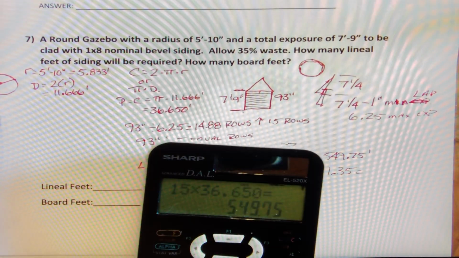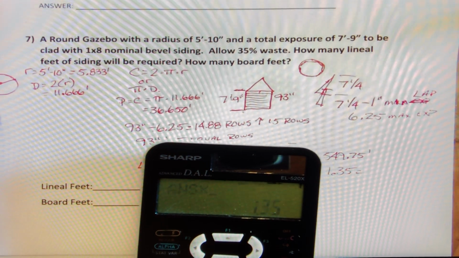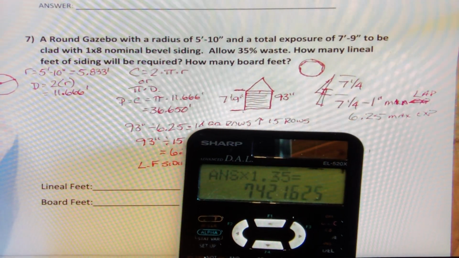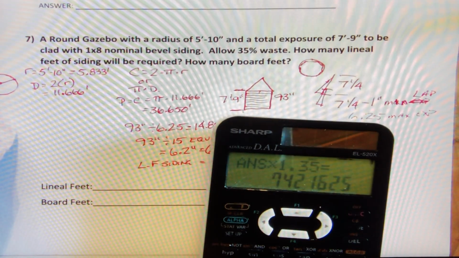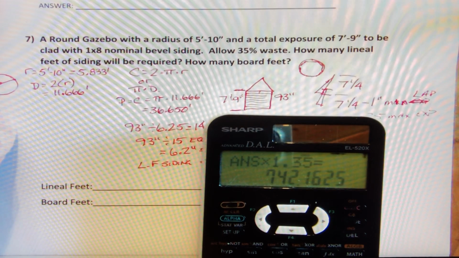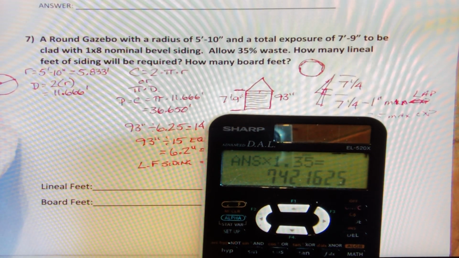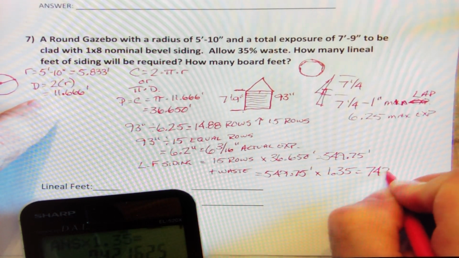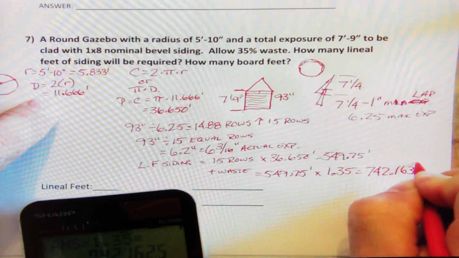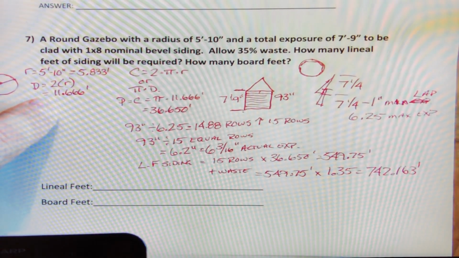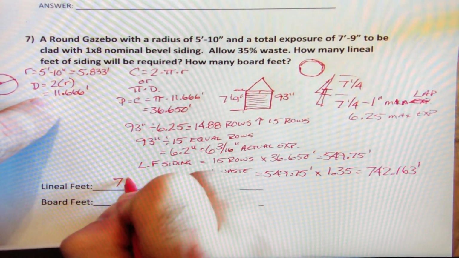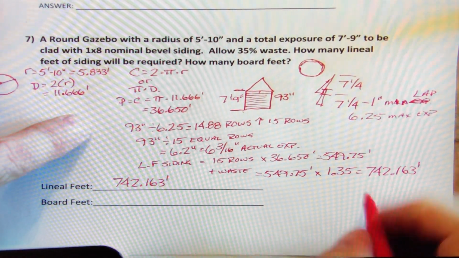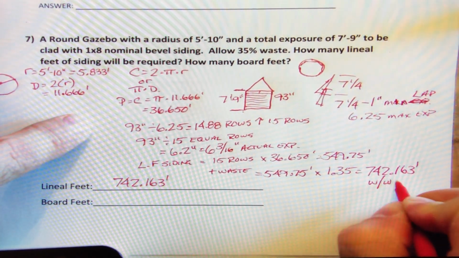Equals 742.1625. We've been rounding everything to 3 decimals, so 742.163 feet. So lineal feet, 742.163, including waste.